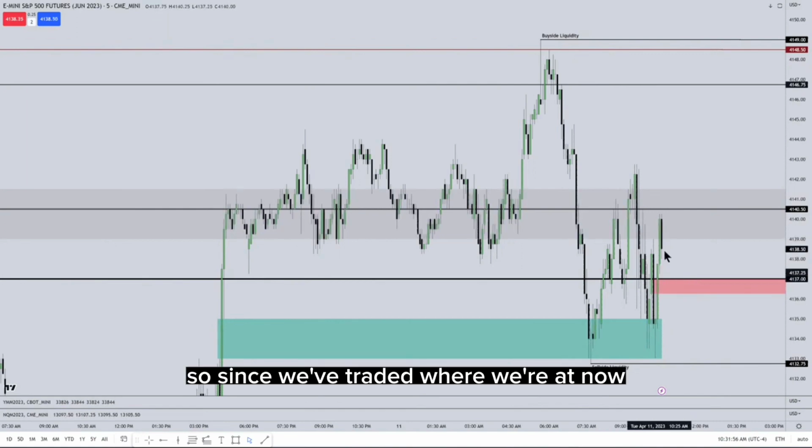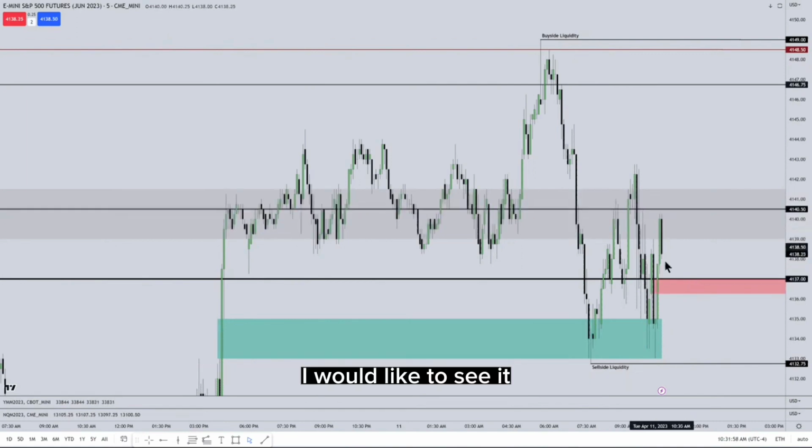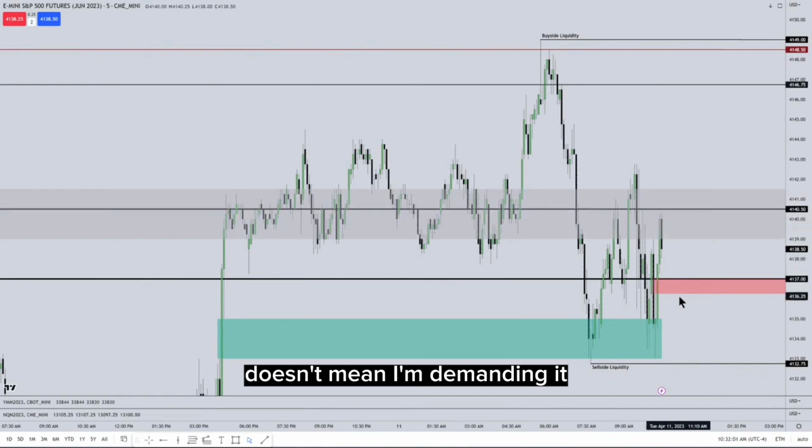Since we've traded where we're at now, I would like to see it. Doesn't mean I'm demanding it. I'm not trying to impose my will upon it. I would like to see it stay above that low and then create an imbalance in the form of a fair value gap that is a BISI, B-I-S-I, buy side imbalance, sell side inefficiency.